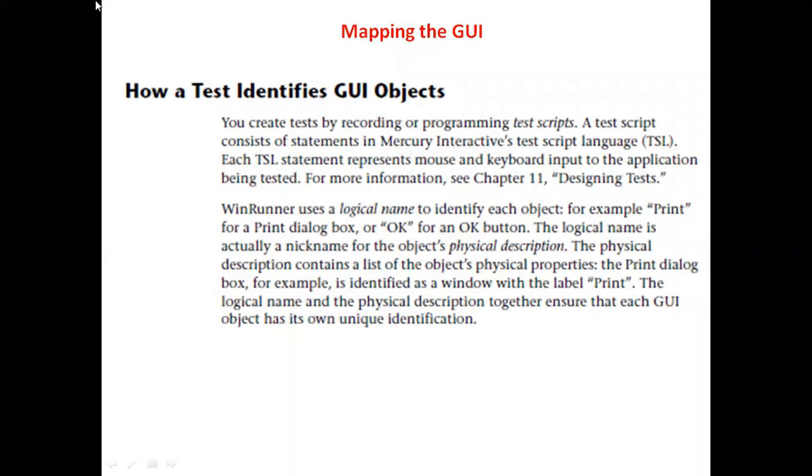Mapping the GUI. How a test identifies GUI objects. We create tests by recording or programming a test script. What does a test script mean? A test script consists of statements in the Mercury Interactive Test Script Language.